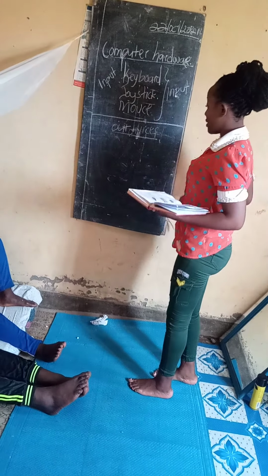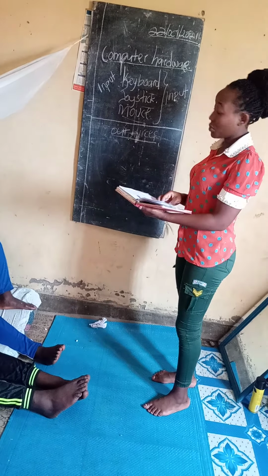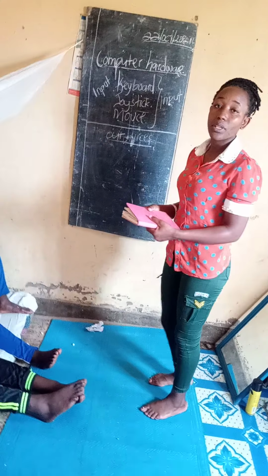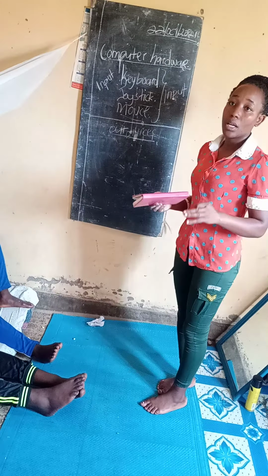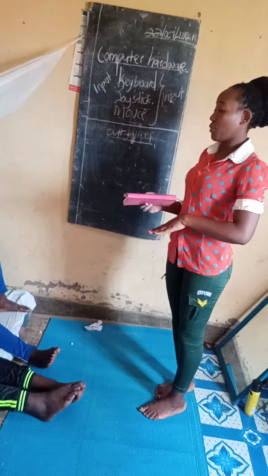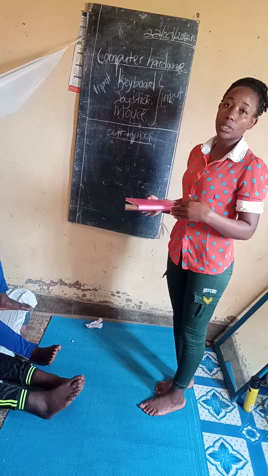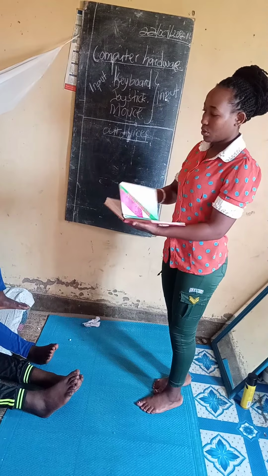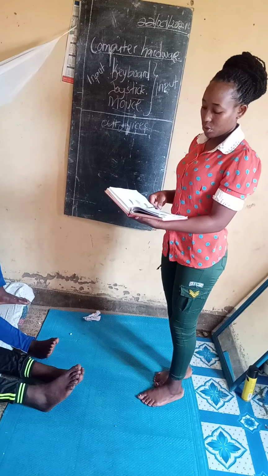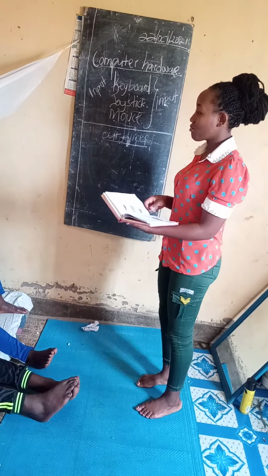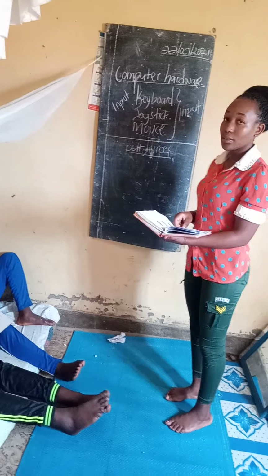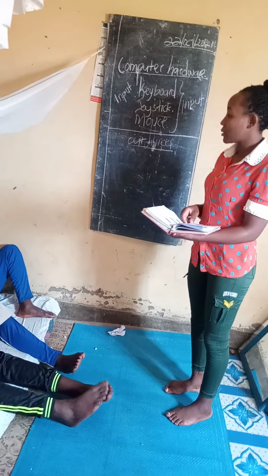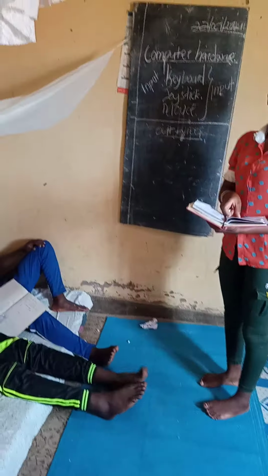And the output devices, we want to see those devices that help a user on a computer to output information, to bring out information to final users. So I want examples from you. Examples. Yes, give us one. Printer.